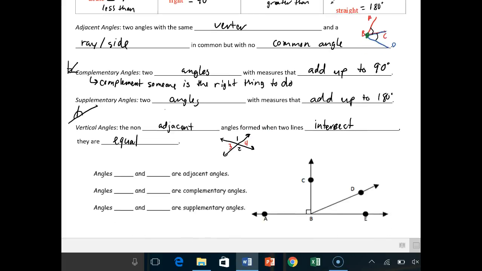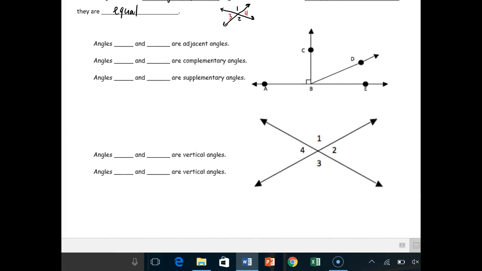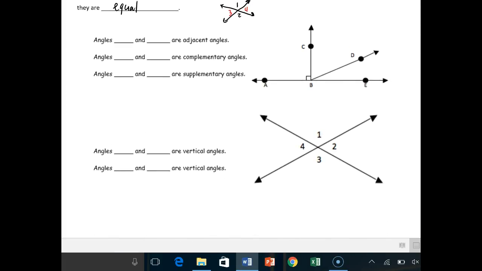Okay. All right. Let's take a look at these diagrams and see if we can't help us. So angles blank and blank are adjacent angles. So we can do a couple things here. First, we can say angle ABC. So here's angle ABC.